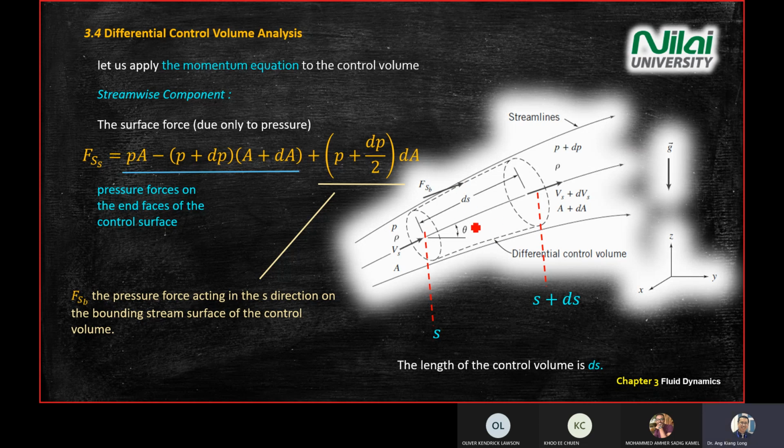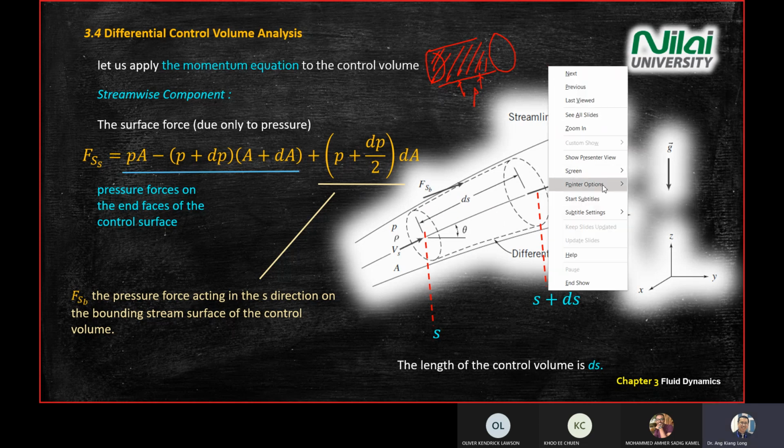If you draw only the skin of the control volume, it is this one, and the pressure is acting on all of this surface. We write this as F_SP. F_SP is due to the bounding stream surface, which is over here.